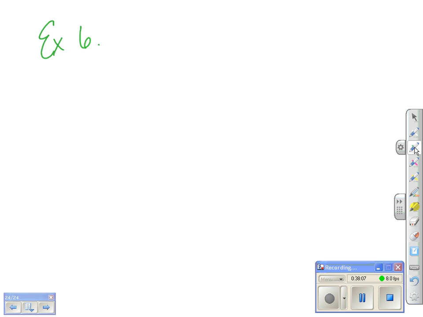All right, things we know. We know mass is 0.012 kilograms. We know a velocity of 20 meters per second. We know another velocity of 0 meters per second.